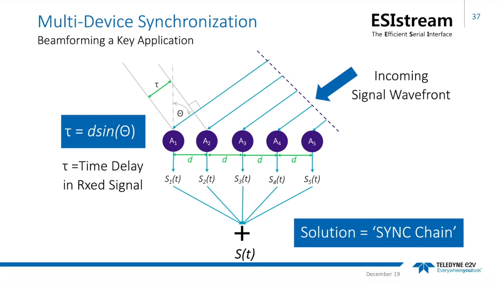There's an incoming signal source to the northeast of this antenna array at an angle theta from the horizontal. The variable tau quantifies the delay in receiving the incoming signal at each antenna in this array. Tau varies as a function of the angle theta of its arrival at the antenna.